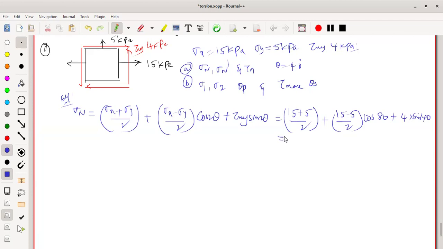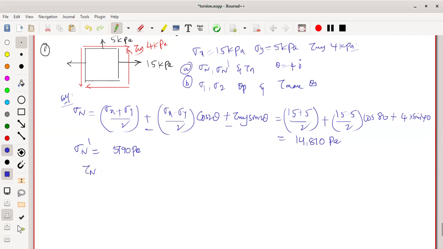If you do this, you will get the answer as 14810 pascals. Like that you have to do the sigma n dash also. Here you will have minus and here you have minus, and the answer you will get is 5190 pascals.